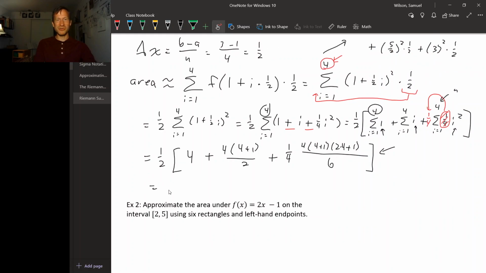So I guess maybe we can do one more step of this arithmetic. So 1/2 times 4 plus, let's simplify here. Cancel the 2, so 5 times 2 is 10. Plus, cancel a factor of 2 here.